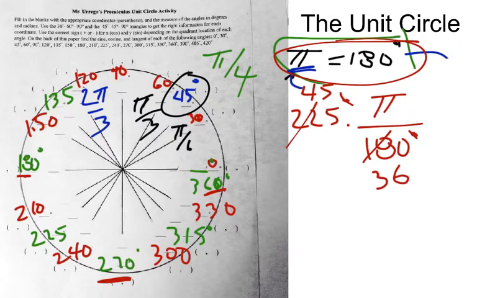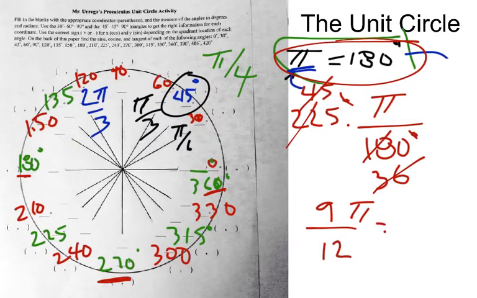Am I doing this right? Yes. Now I divide by a number that goes into both: 45 divided by 3 is 15, and 36 divided by 3 is 12.